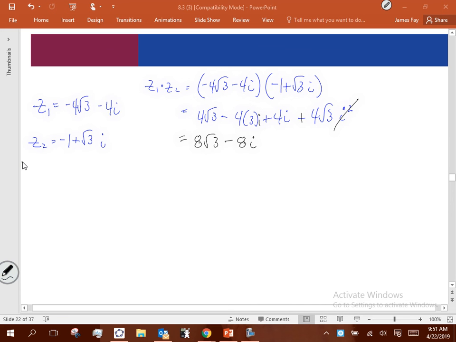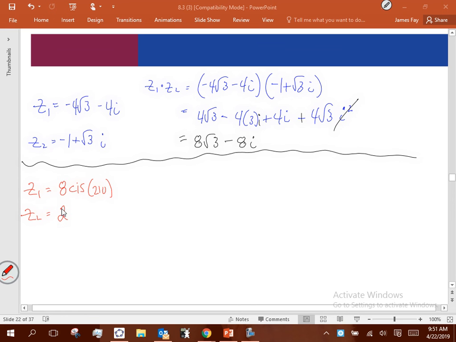Now, let's see if there's a quicker way. Previously, we have already found Z1 to be 8 cis 210. Z2, we found to be 2 cis 120.